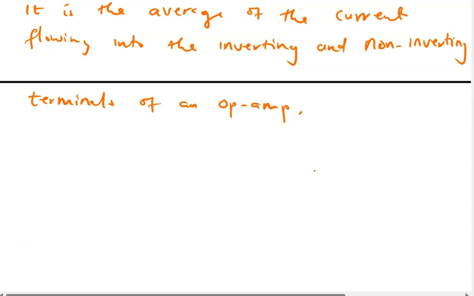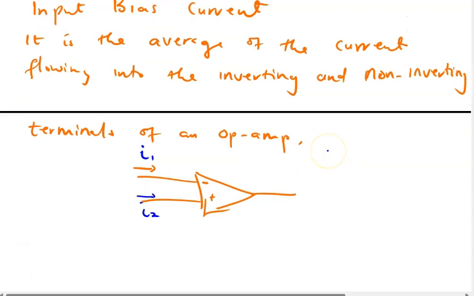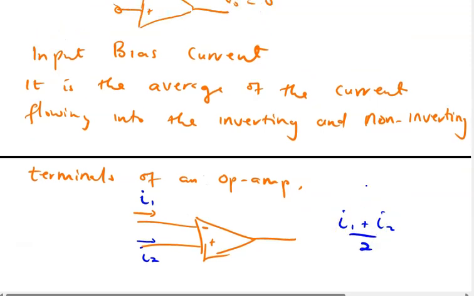So for instance, if I have the op-amp here, I have the inverting side, which is minus, and plus non-inverting side. The current flowing here, let's call it I1, and the current flowing through this one can be called I2. So I will say that the average between the current flowing through both inputs, that is I1 plus I2 divided by 2, is what is called the input bias current.